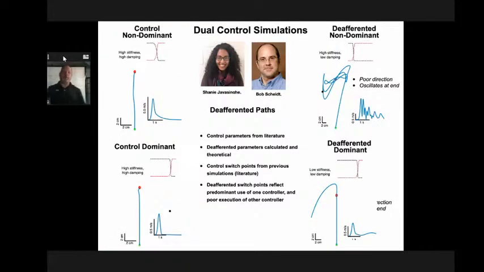And so Shani and Bob used a very similar simulation to what I showed you previously, a serial simulation that they modified some parameters a bit to reflect these movements.